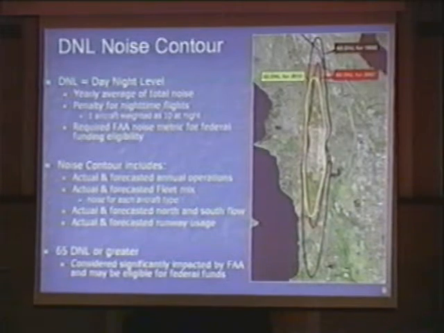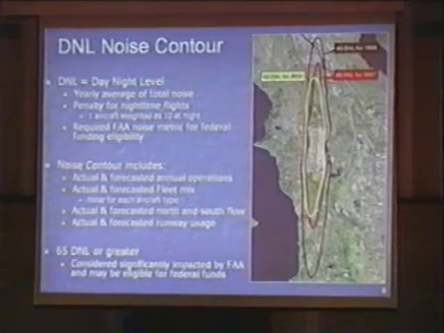The FAA has indicated that 65 is the DNL contour that is impacted. So anything inside the 65 DNL contour is considered impacted and potentially eligible for noise mitigation programs. In other words, we could do some additional insulation programs and such if it was inside the 65 DNL.